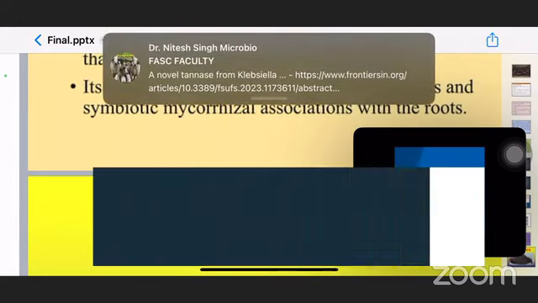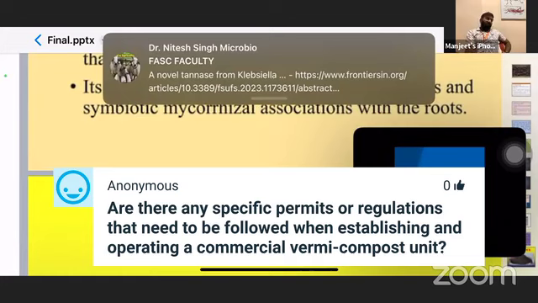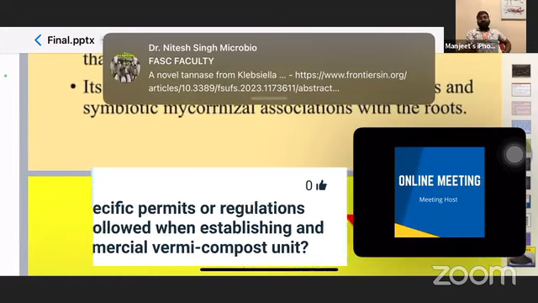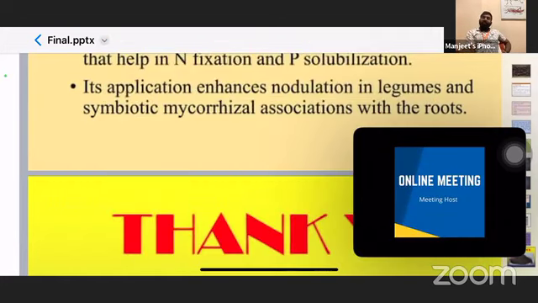No. At present, there is no specific legal procedure to follow to start this vermicompost unit. Yes, if we go for a very large scale of business, we need to register our firm.